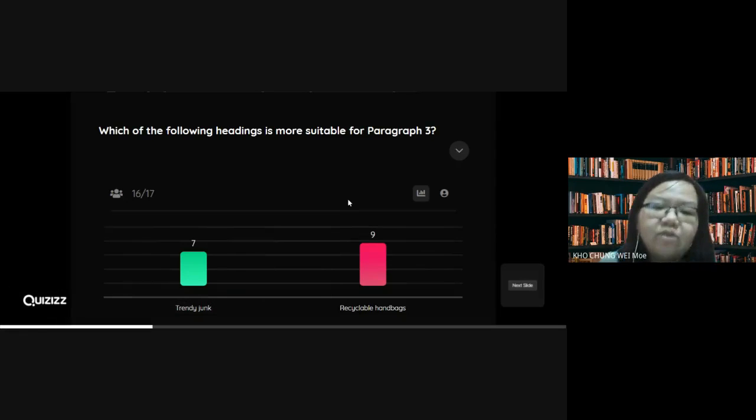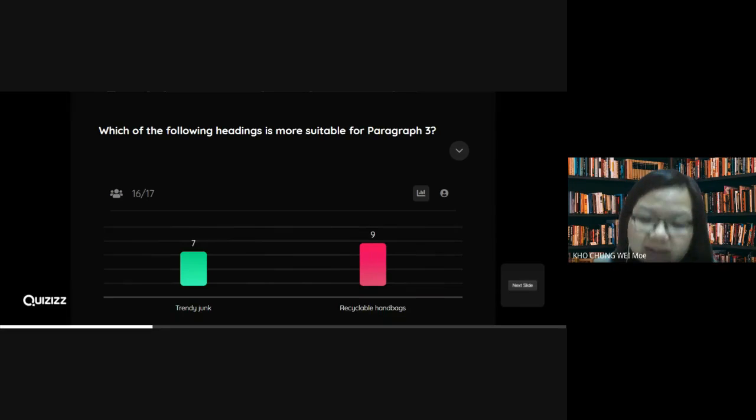Which of the following headings is more suitable for paragraph 3? All right, paragraph 3 is basically about turning used or old car number plates into handbags. So the title, Trendy Junk, is more appropriate, but 9 of you thought that recyclable handbags is a more appropriate title. So I'm going to explain why recyclable handbags is not suitable for this paragraph.